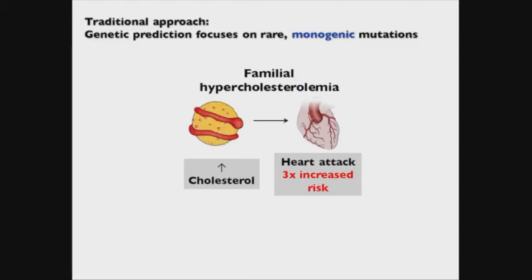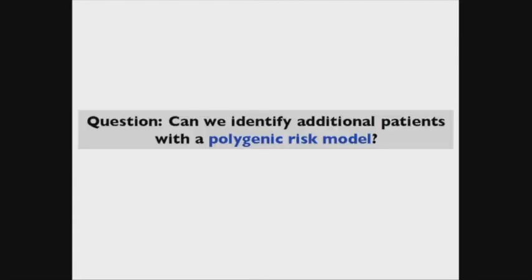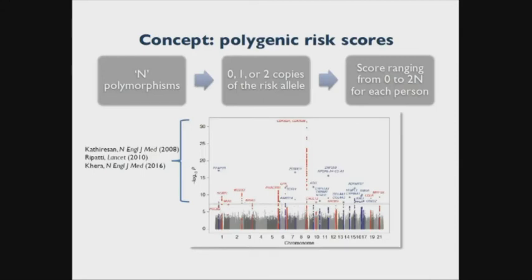These are mutations in LDL receptor, ApoB, or PCSK9, increasing LDL cholesterol, and the individuals have about a 3-fold increased risk for myocardial infarction. But this model, the monogenic model, is applicable in a very small proportion of the population, about 0.4% of the U.S. population. So we wondered whether we can identify additional patients with a polygenic risk model.